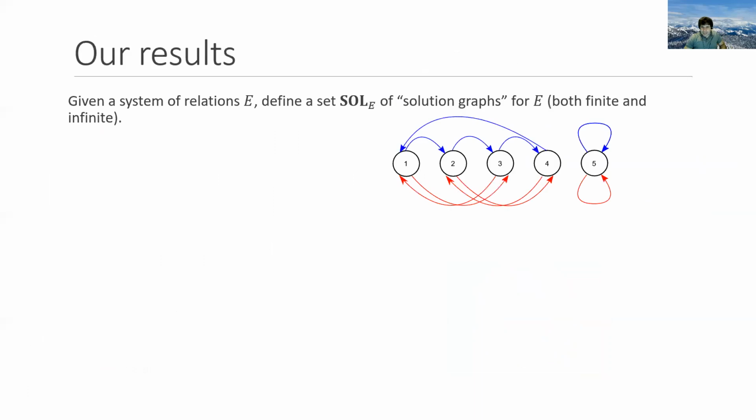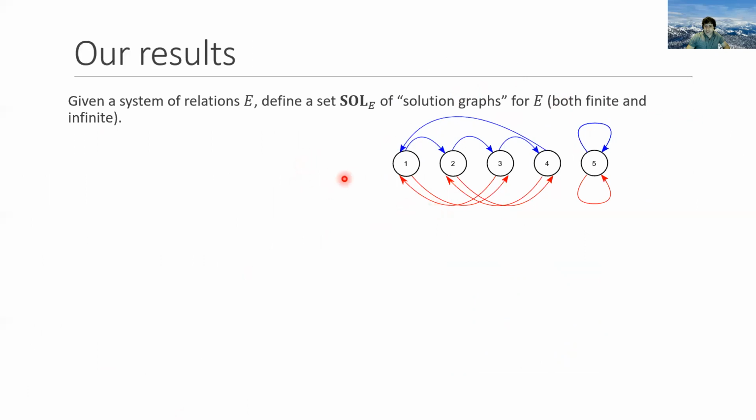Okay, so let's turn to describe our results. A basic notion that we'll need is the set Sol E, consisting of the solution graphs for a given system of relations E. I'll explain what I mean by Sol E by an example. So again, in the case of the relation xy equals yx, this is an example of a solution graph. So here each vertex has exactly one ingoing and one outgoing edge of each color.